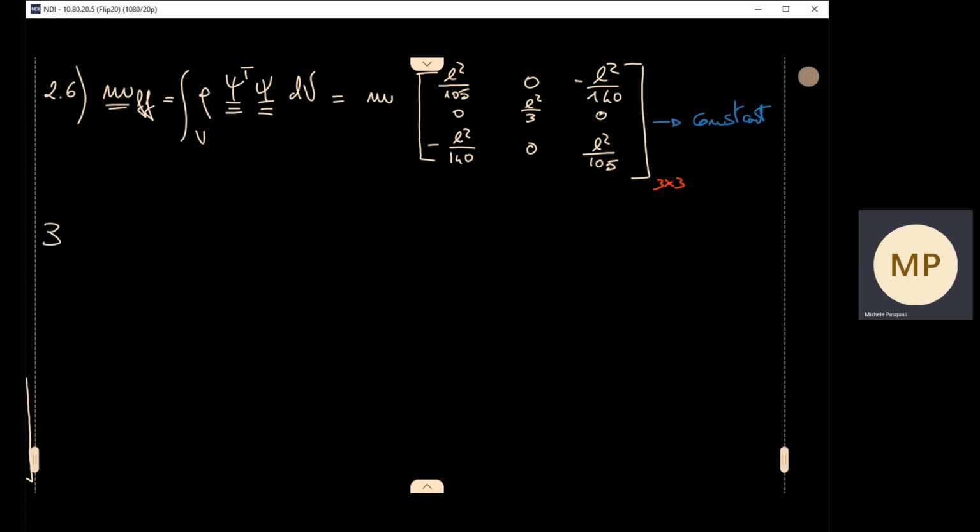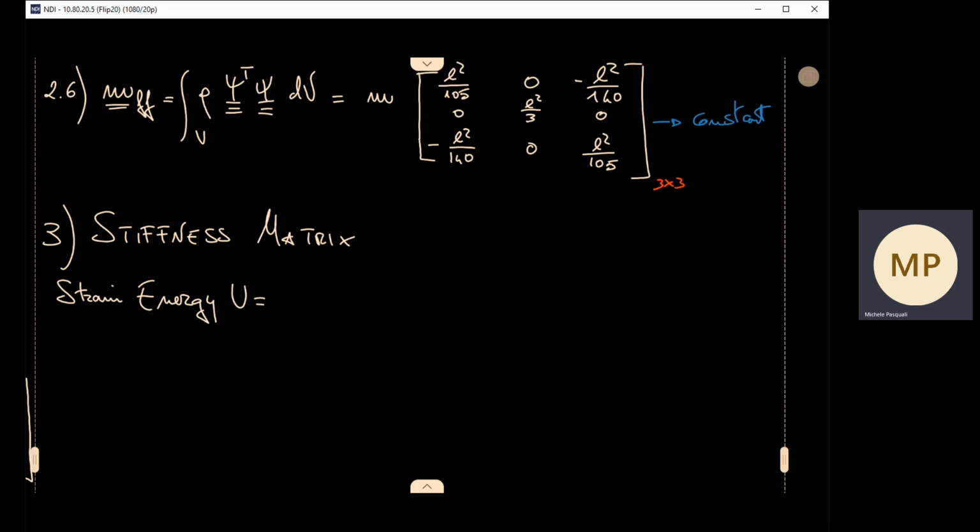So 3. This is easier. So we have that the strain energy can be defined as what? 1 over 2, the integral from 0 to L of what? Well, we have basically two ways through which elastic energy can be accumulated in our body.